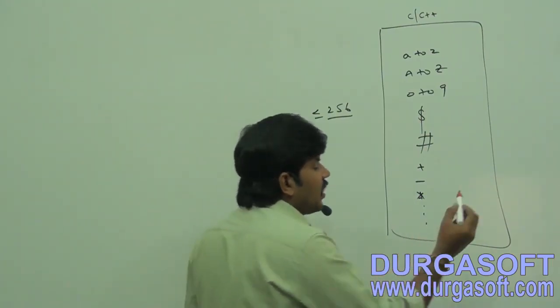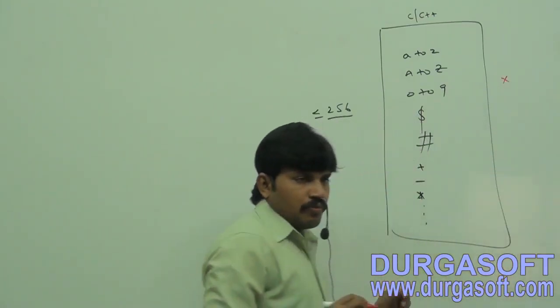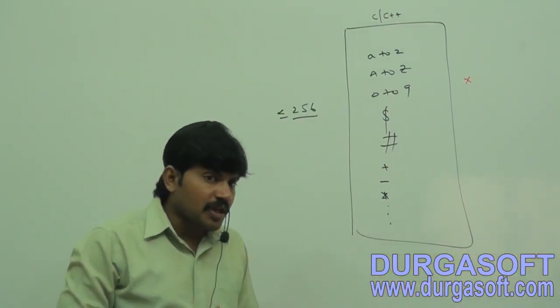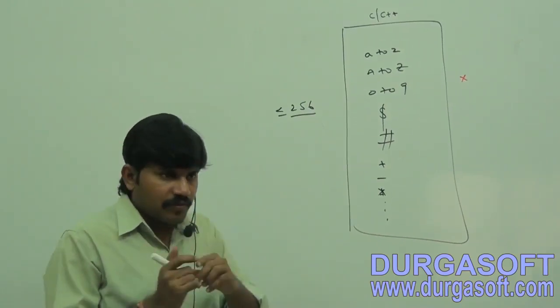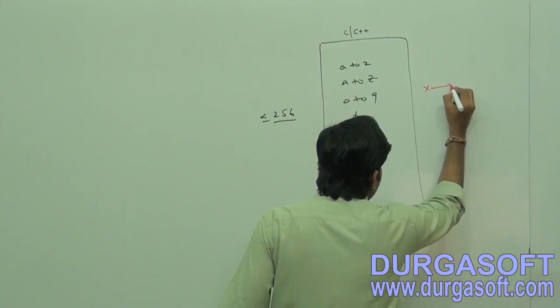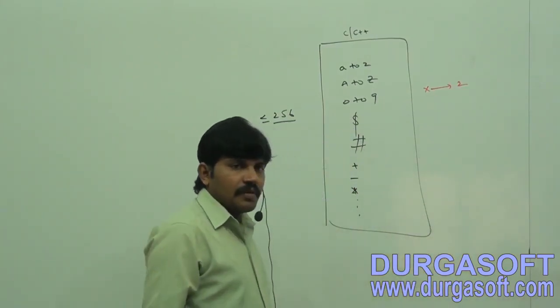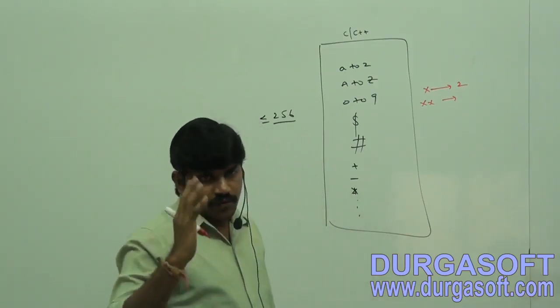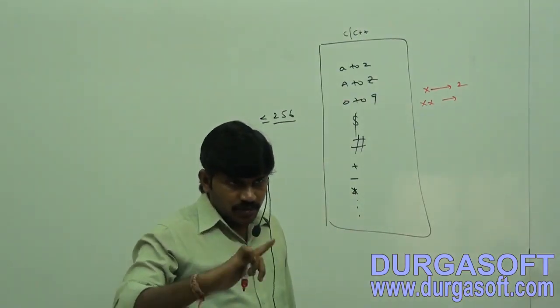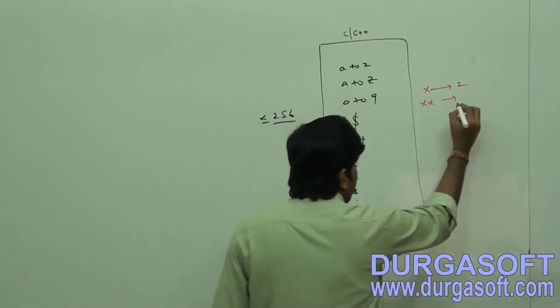Okay, this is how 8 bits are enough. See, sir, I have 1 bit. By using 1 bit, how many values can we represent? 2 values: 0 represents one value, 1 represents one value. Sir, I have 2 bits. How many values can I represent? 4 values: 00, 01, 10, 11.